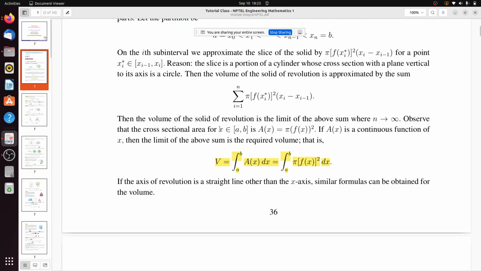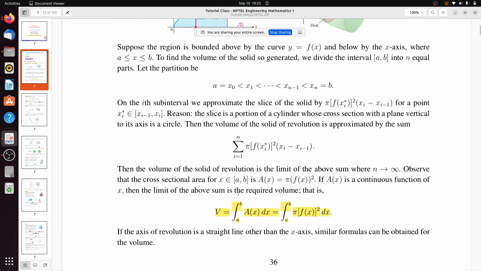Then the volume of the solid of revolution is the limit of the above sum, where n tends to infinity. If you take the Riemann sum and take the limit n tends to infinity, it will eventually give you the integration.